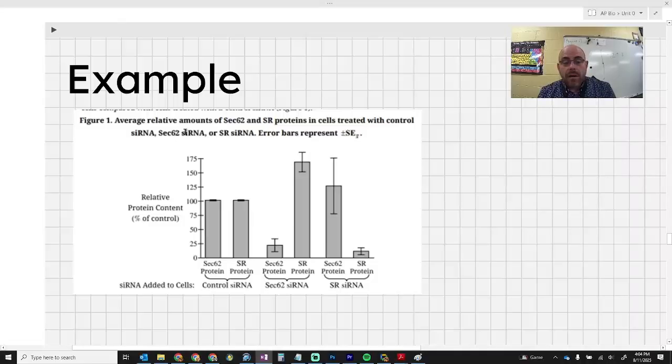We'll learn what siRNA is, but I don't know what section 62 is. There's a prompt that talks about it, but oftentimes the prompt is giving you way too much information, so you have to cut through a lot of it to get to the real thing. So this is a perfect example. This is right off the FRQ from last year.